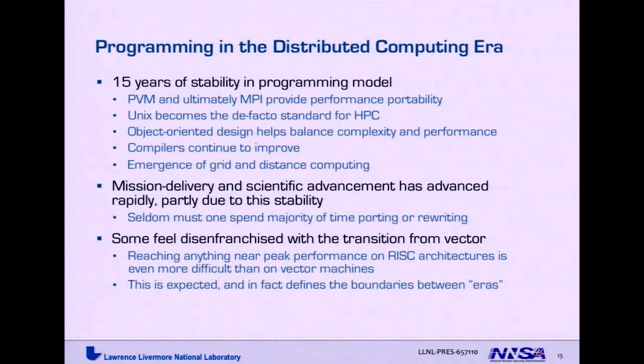And if you don't know what I mean by message passing, I'll touch on that in a little bit. But MPI came along around 1995 or so and really solidified that standard. And then there was a real explosion of people jumping onto this programming model, and it's given us 15 years or so, probably 20 years by now, of stability in the programming model.